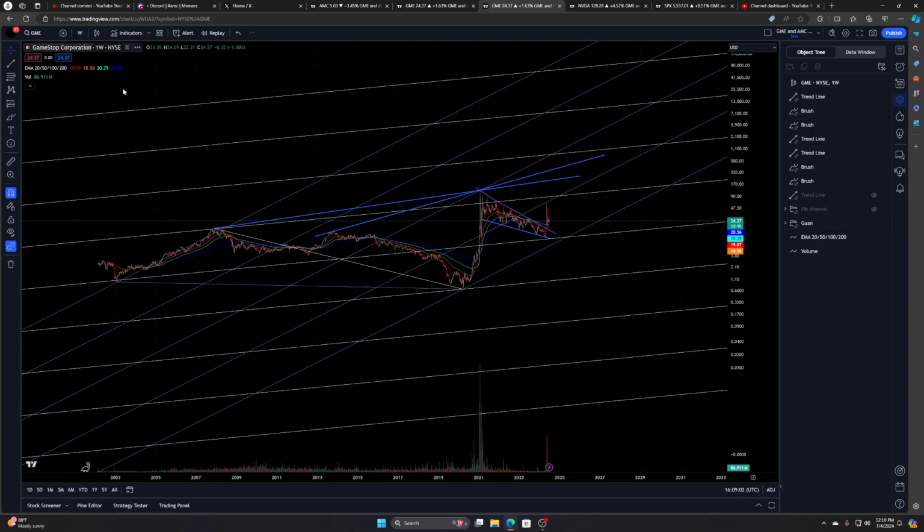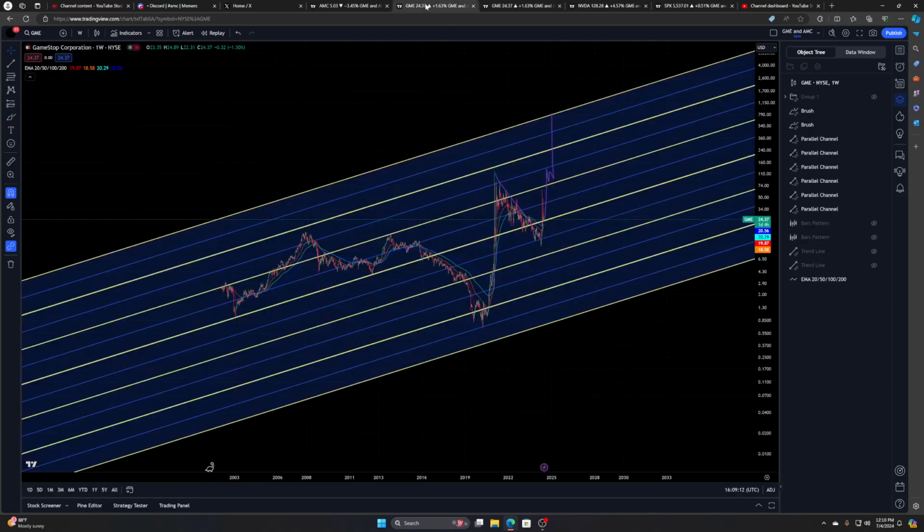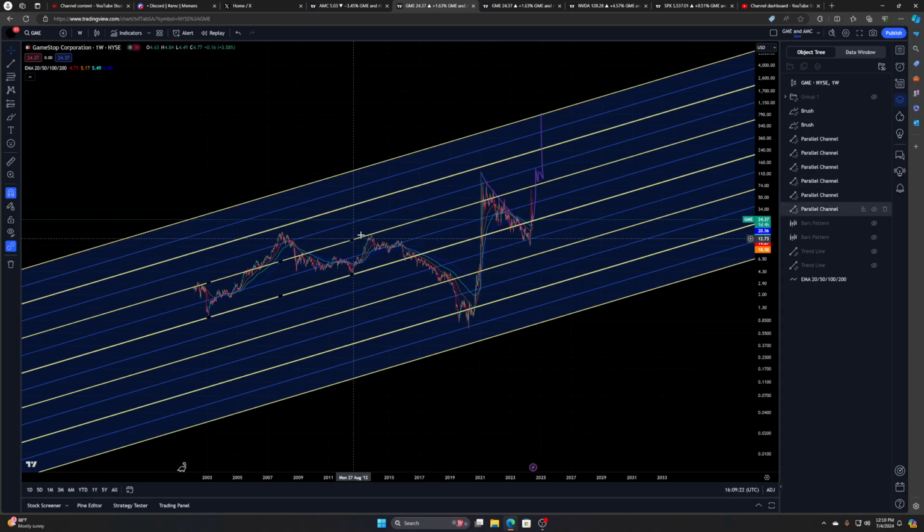In this chart, we have this target around 800-something dollars, and we have that correlation at that intersection. Well, if we look at this chart on GME, this would actually take us technically to a new channel, a new top.